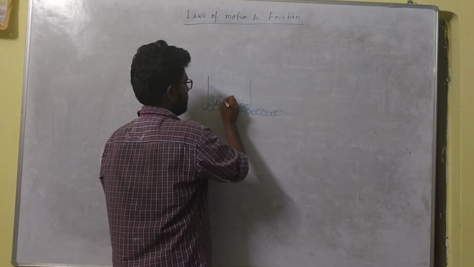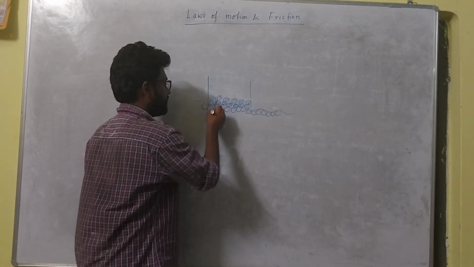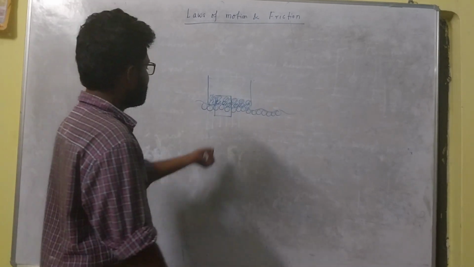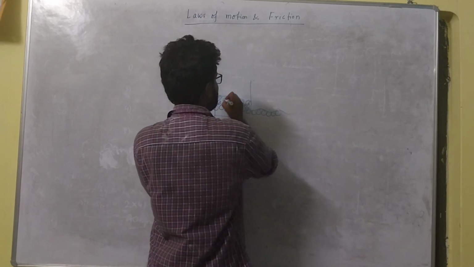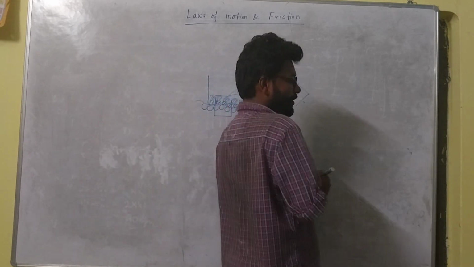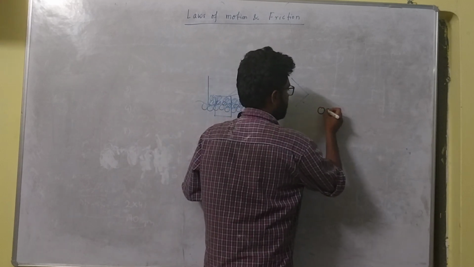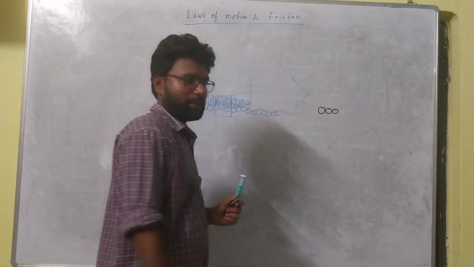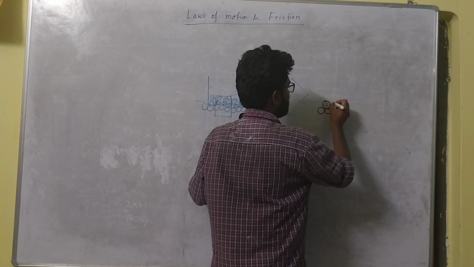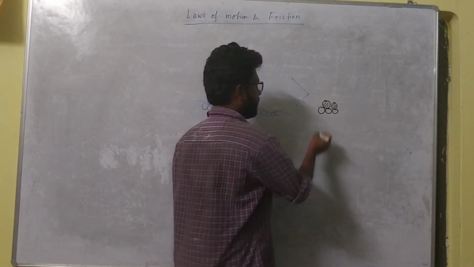Now what will happen? Just see that part I draw here. I just zoom in on that portion. Then there are the atoms of the floor's surface, and the atoms of the block.